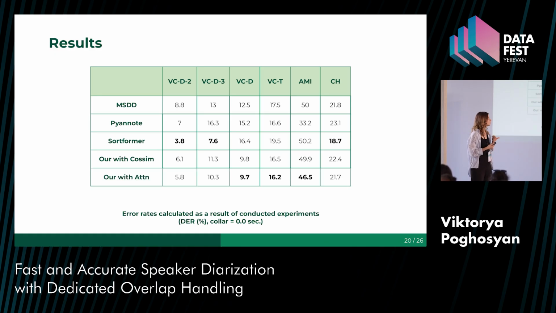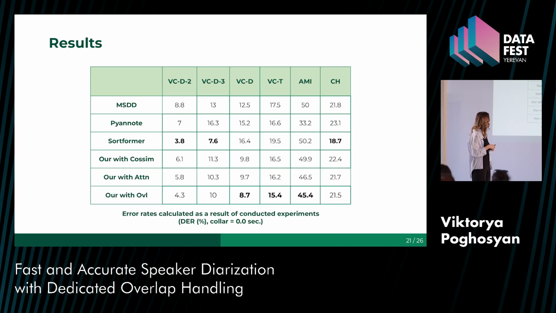When we try the attention-like mechanism instead of cosine similarity, we obtain some improvement in our results. And finally, when we try our trained overlap model, we also get improvement compared to the previous 2 cases.